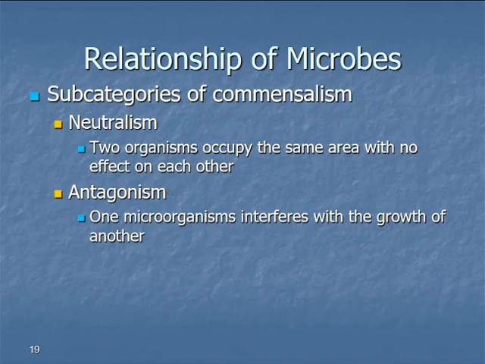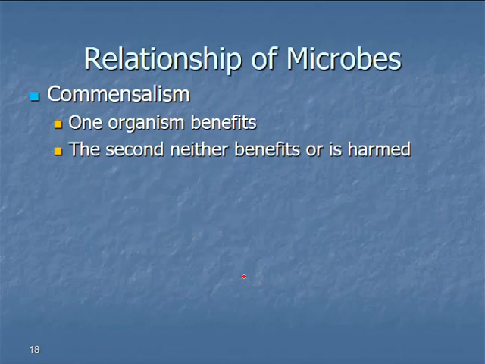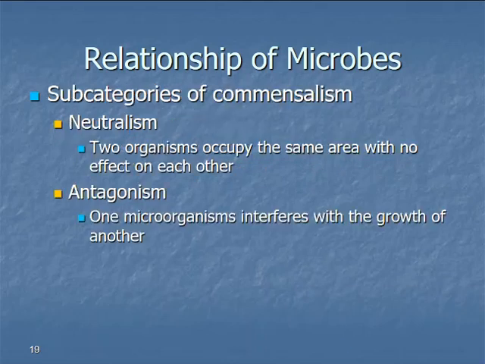So let's go back just one step and look at that with those two terms in mind. Looking at one organism benefits, the second is neither benefited nor harmed, and they can do that by either neutrally sharing the space, one's benefiting but otherwise no harm on the other one.